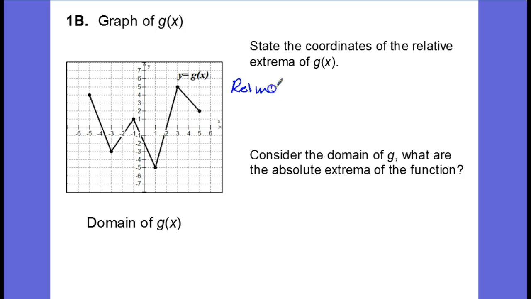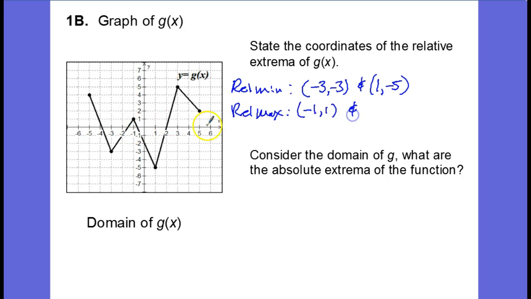Relative minima are located at (-3, -3), and I also have one over here at (1, -5). Relative maxima are going to be at (-1, 1) and also at (3, 5).